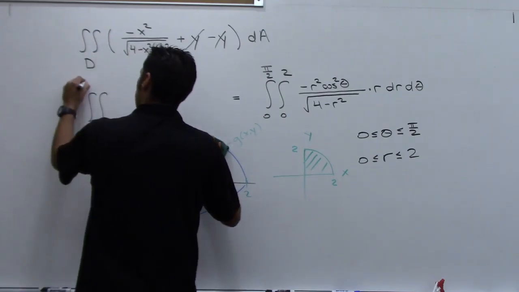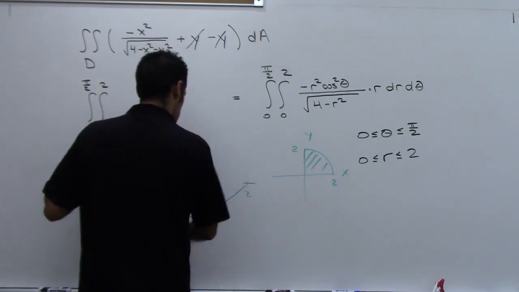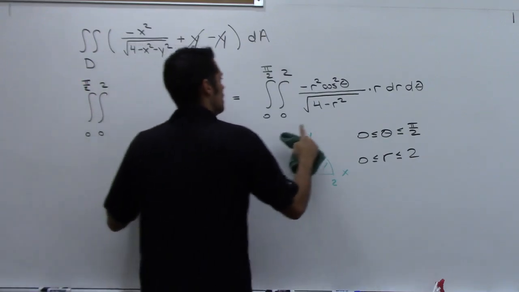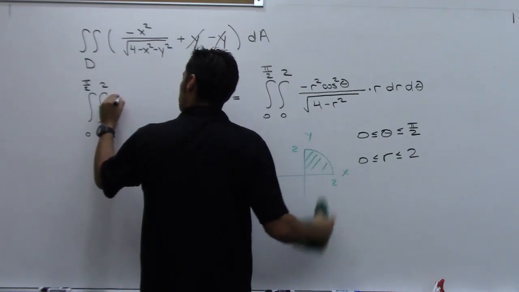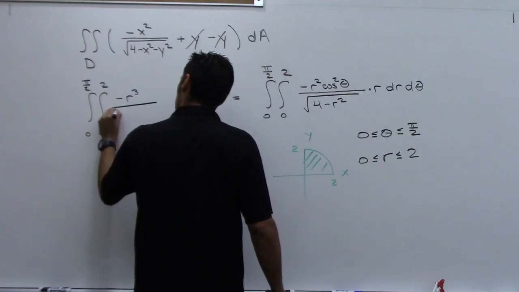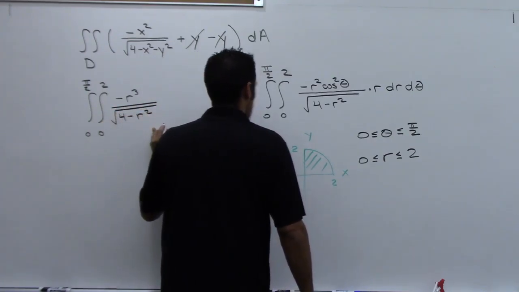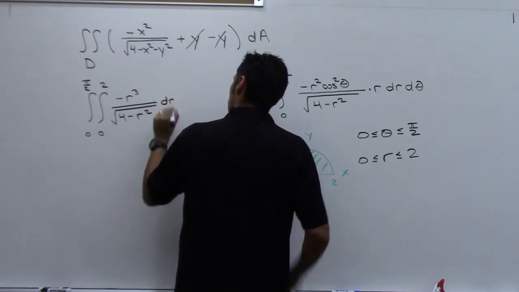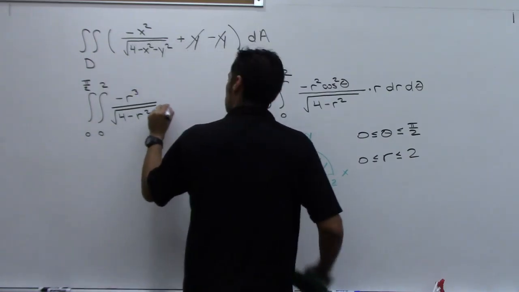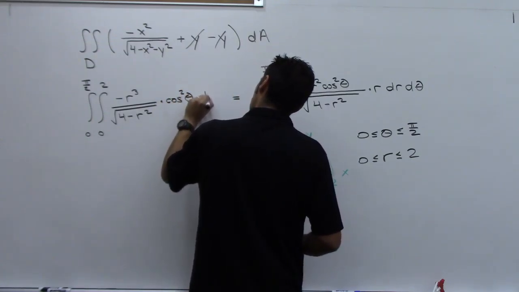So 0 to pi over 2, 0 to 2, and now negative r cubed over square root of 4 minus r squared, and then dr times cosine squared theta d theta.